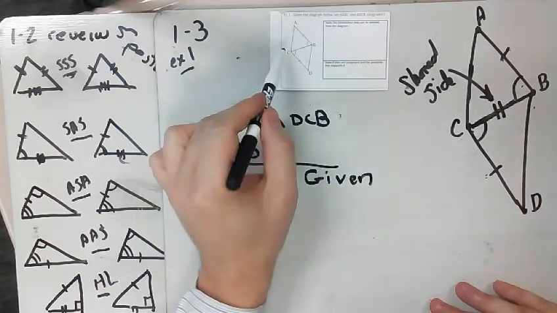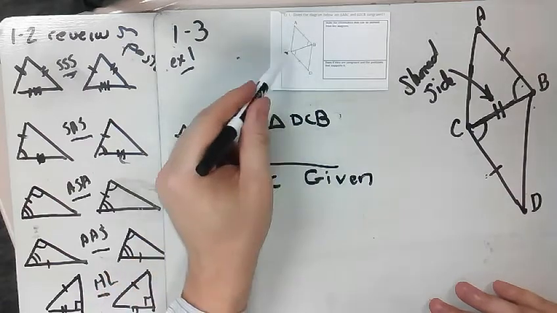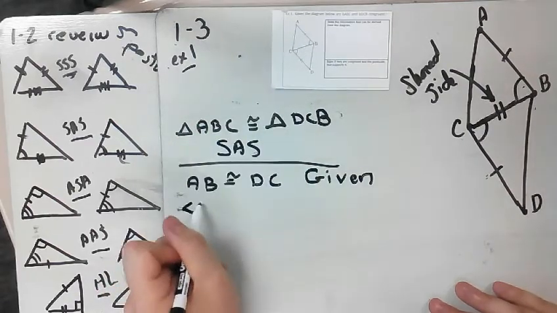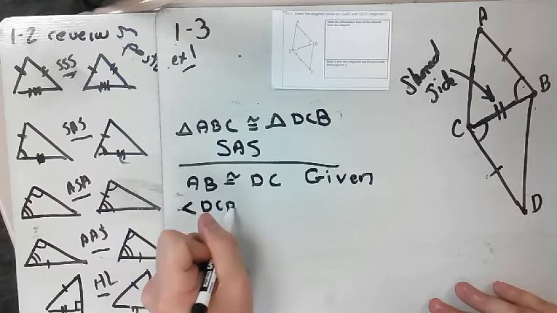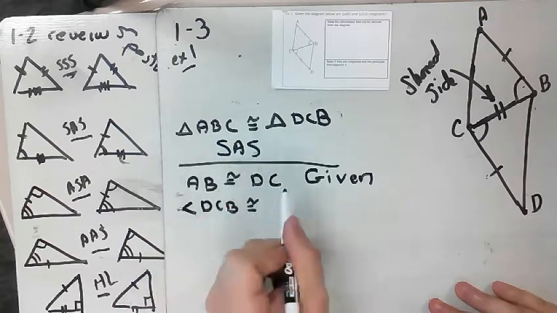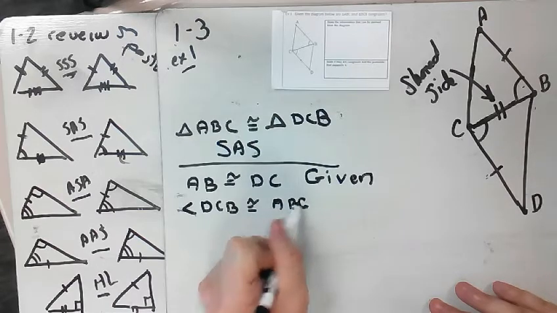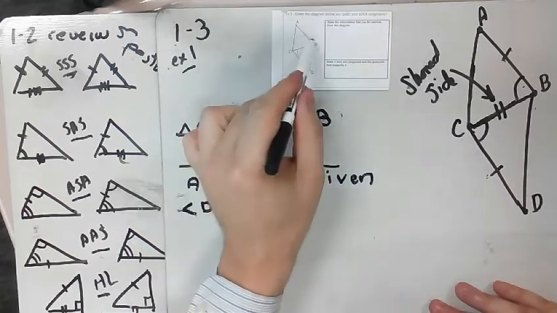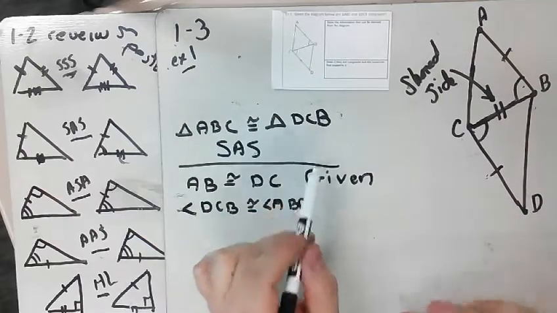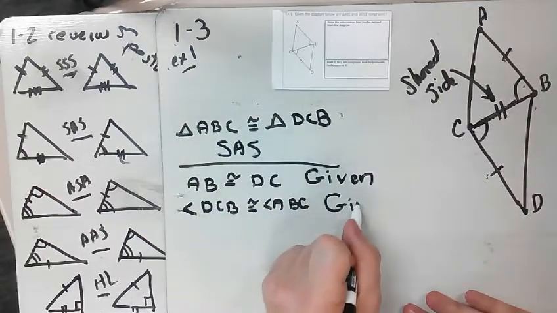Then angle DCB is congruent to angle ABC. I know that because they told us that. Alrighty, so that is also given.